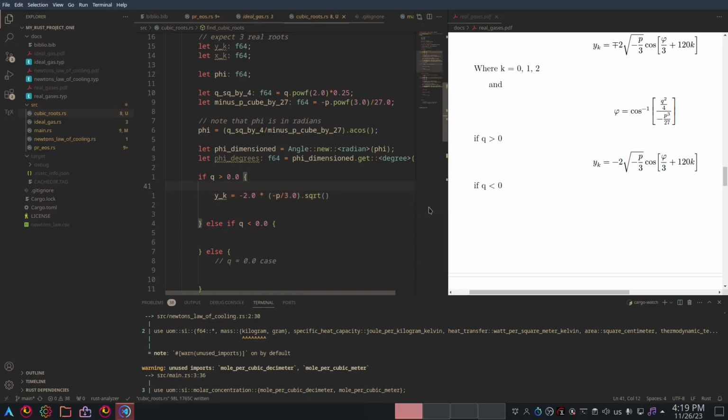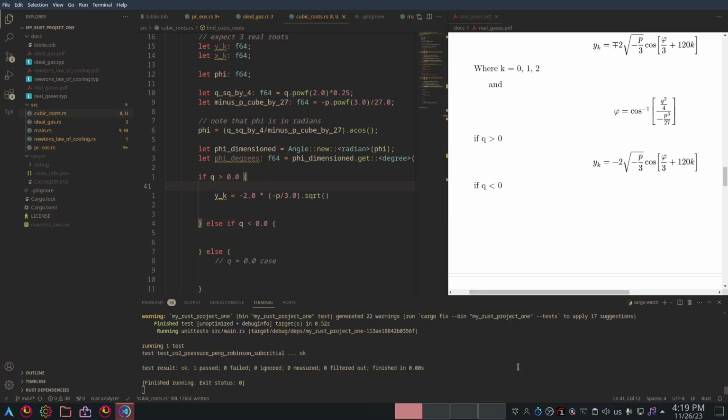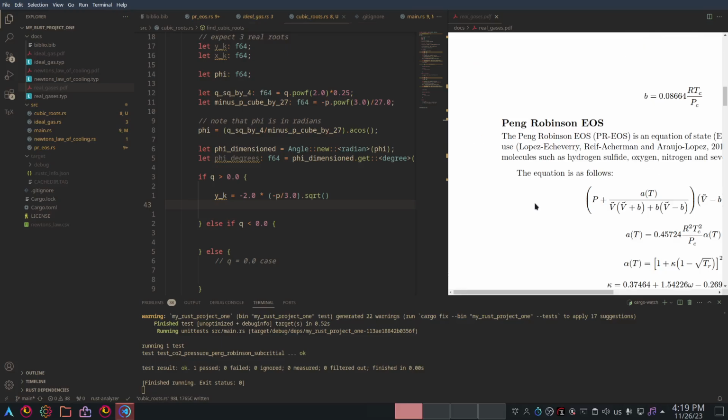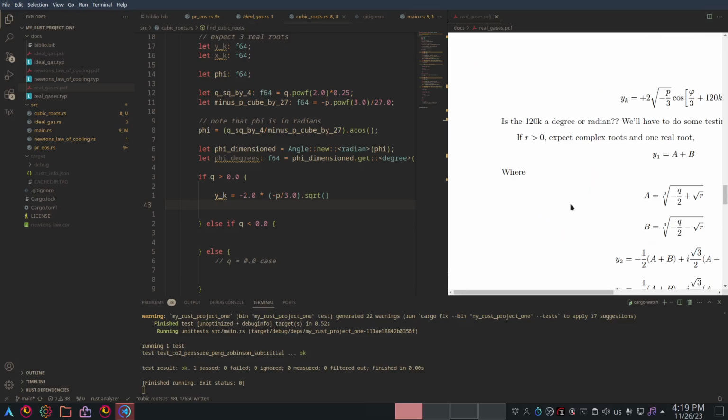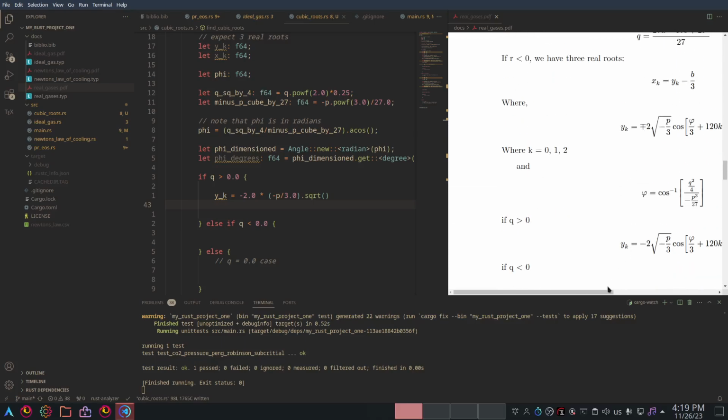This is what it looks like. Okay, we are going to run into errors, I believe. Okay, and then you need to cosine 5 by 3 and 120 times k.